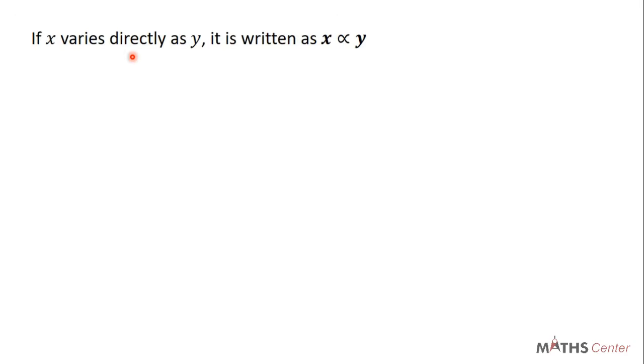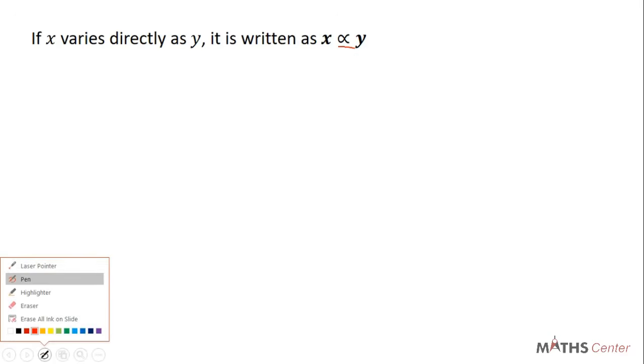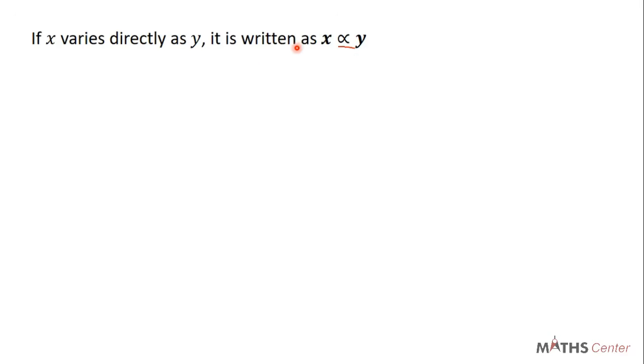If x varies directly as y, it is written as x is proportional to y. So that is the name for this sign, the proportionality sign. In the problems that we will be solving under variations, we are going to work with the equal to sign.